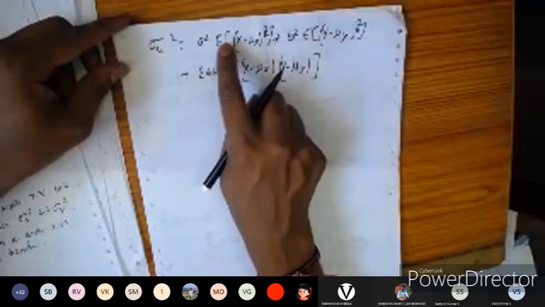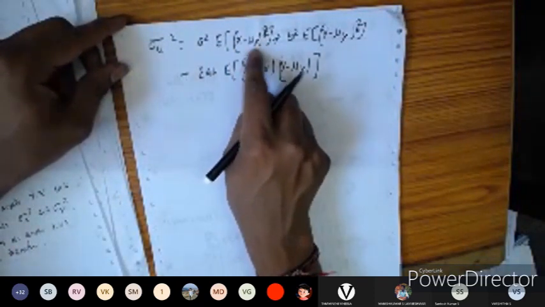Now we have seen from the first module that the expectation of (x minus mu x) square is the variance of x.